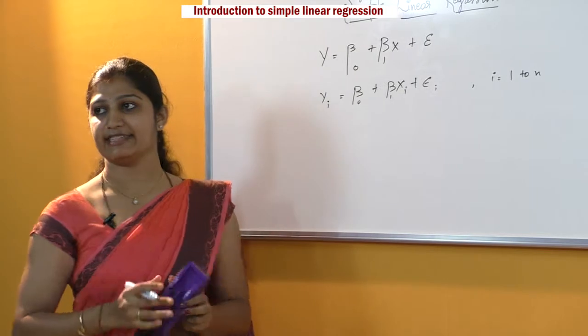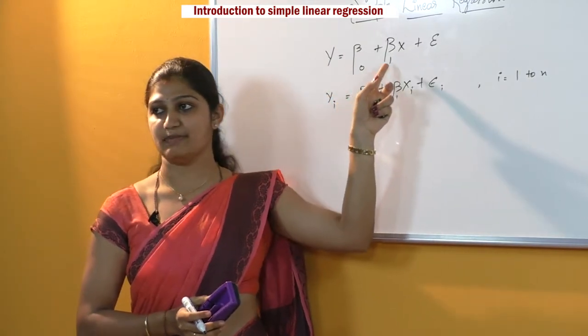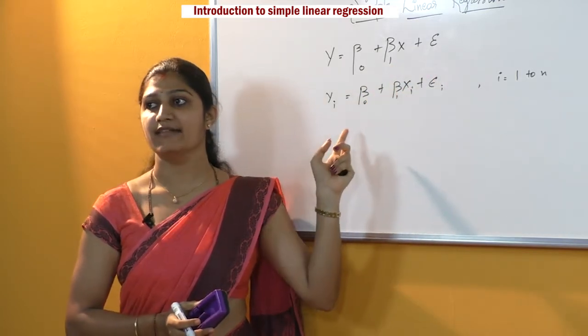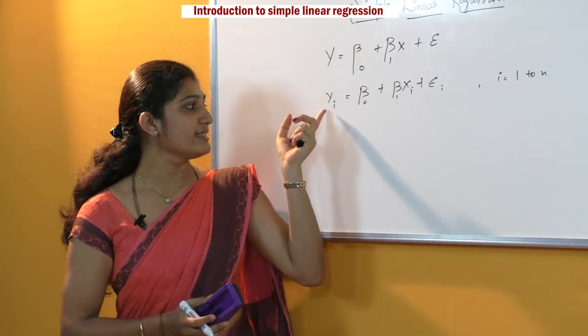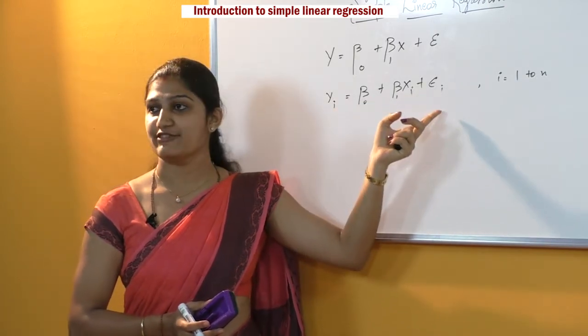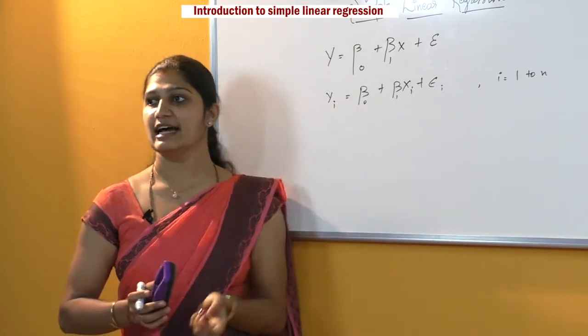First I have taken the model y = beta naught + beta 1 x + epsilon, and now I have written the model as yi = beta naught + beta 1 xi + epsilon i, which is the same model for the ith observation.